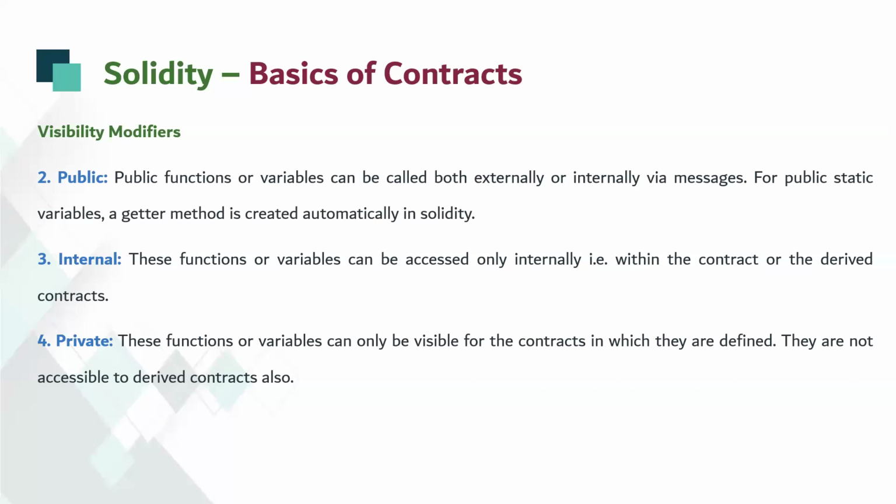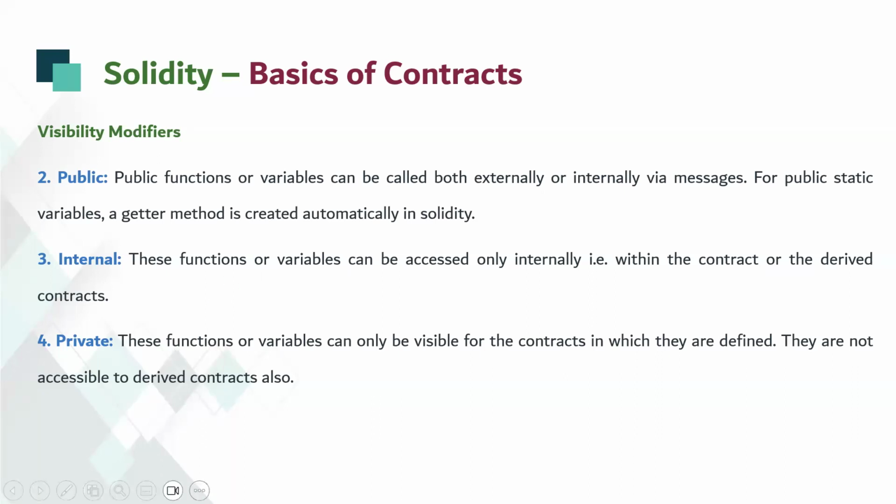They can be called via messages, which means they can be invoked by external entities or other contracts to perform certain operations or retrieve information. Also, in Solidity, if a state variable is declared as public, a getter method is automatically created, allowing external entities to read its value.